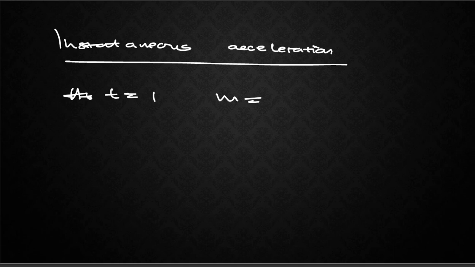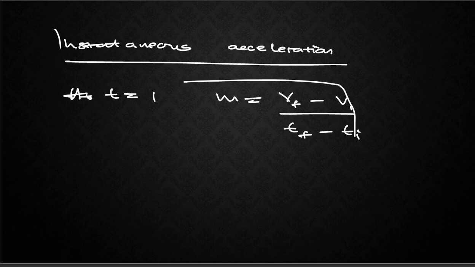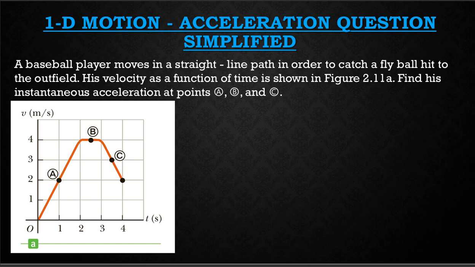We have v final minus v initial over t final minus t initial using the same point. That's why I say the formulas are one and the same. What differs is the approach. To understand more, I like explaining with an example, so we use a question.